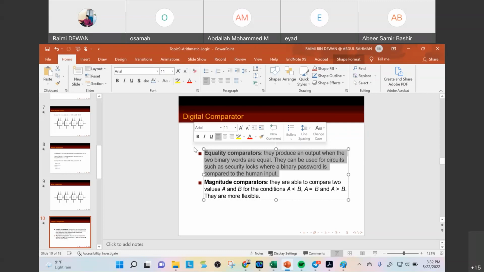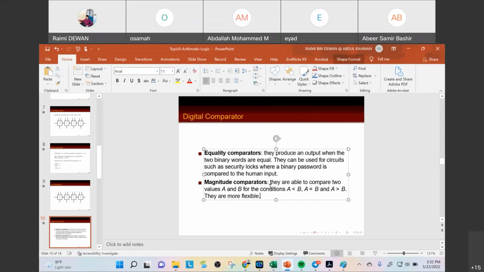Her father already set the password 1234. Then Joey puts in 1235. Then it is different. This is one application of the equality comparator. They are not equal, so what is the outcome? Joey cannot enter the house.